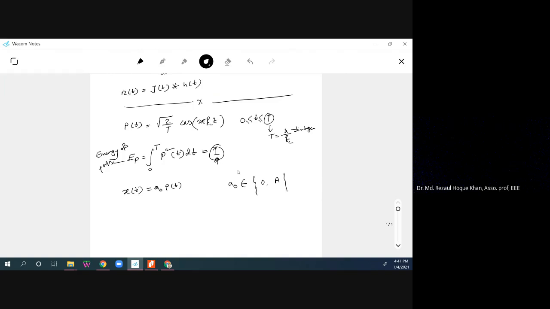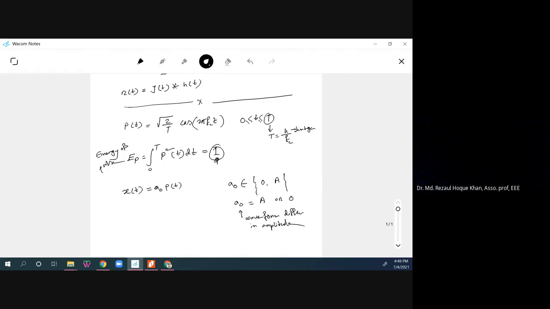So A0 is either A or 0 in amplitude. In BPSK, the waveform differs in phase, but here the waveform differs in amplitude. That's why the name comes amplitude shift keying.